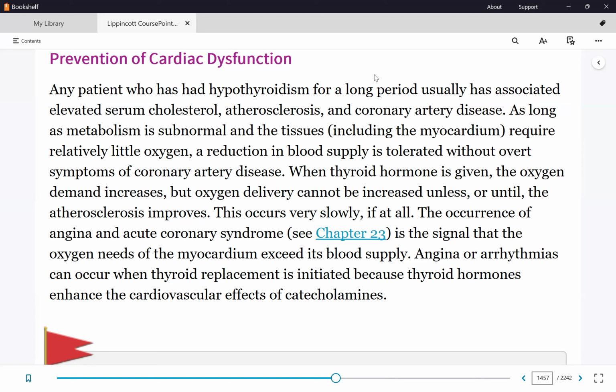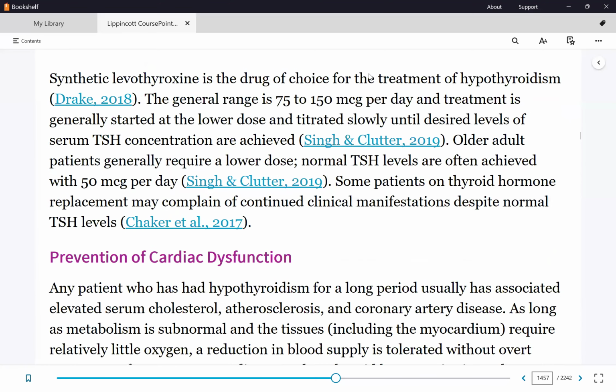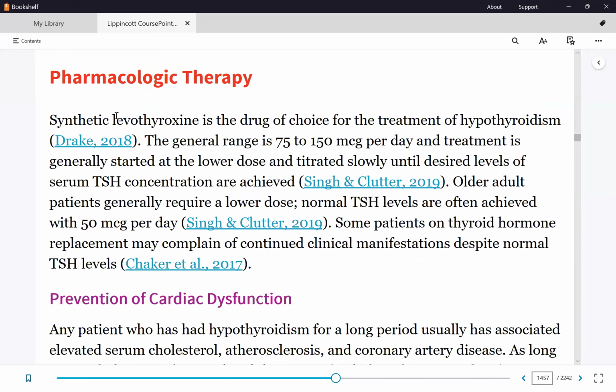Okay, so we may or may not have diagnosed it yet, but for this reason, the dosing must be the lowest possible dose when starting, because it's not the same when it's our own thyroid gland producing that T3, T4 versus taking levothyroxine. We don't know how the patient's heart will react to synthetic levothyroxine.